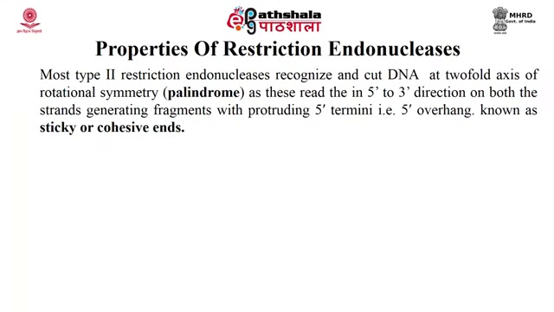Most type 2 restriction endonucleases recognize and cut at the 2-fold axis of rotational symmetry, that is, palindromes, as these read the same in 5' to 3' direction on both strands, generating fragments with protruding 5' termini, that is the 5' overhang, known as sticky or cohesive ends.